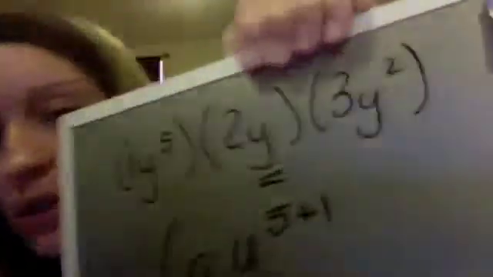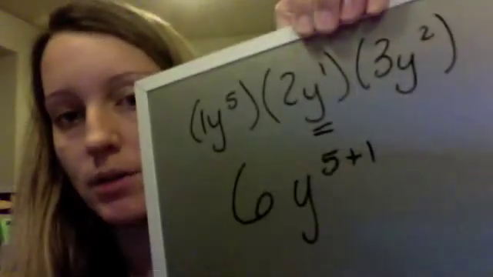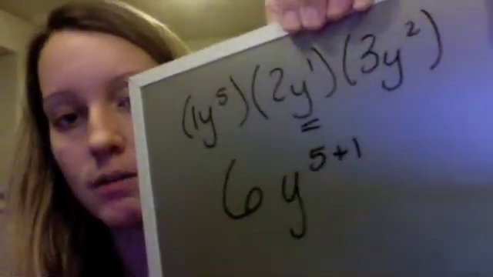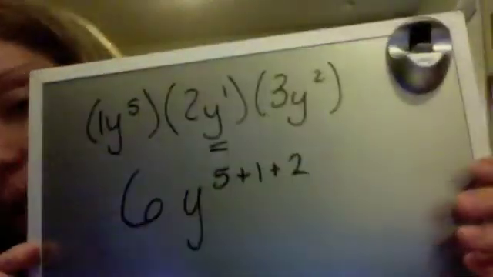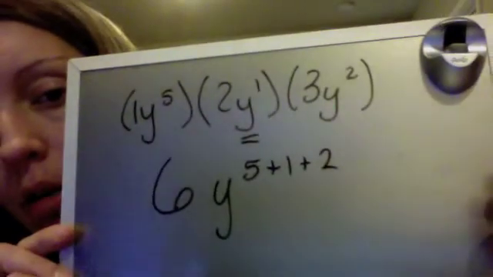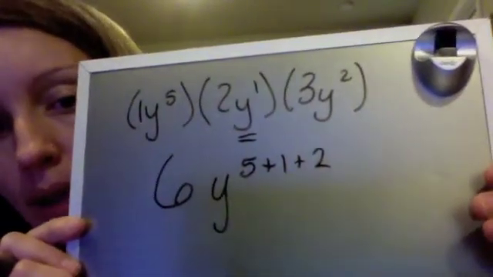We just don't put the first power, but it is there. And you could write the first power if you wanted to. Wouldn't hurt. And then I also have another 2 y's. So I have to make sure that I count up or add up all of my y's that are being multiplied together. So all the y's that are being multiplied together give me 6y to the 8th as my final answer.